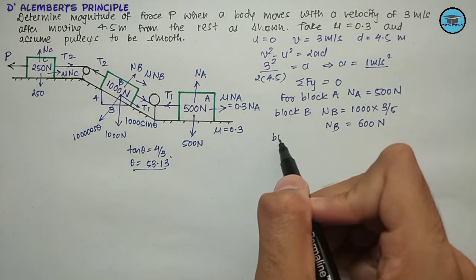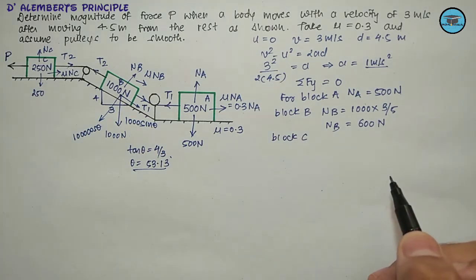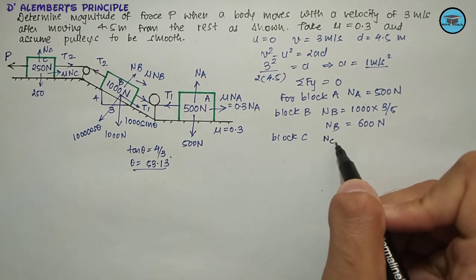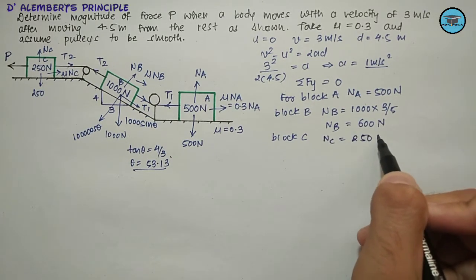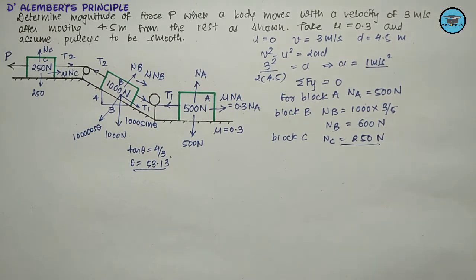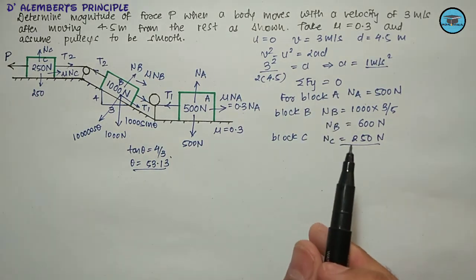For block C, NC comes out to be 250 Newton. So we have obtained the values of NA, NB and NC by applying sigma Fy equals 0.